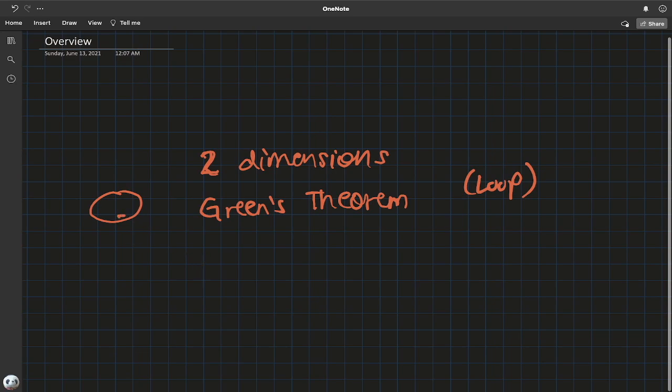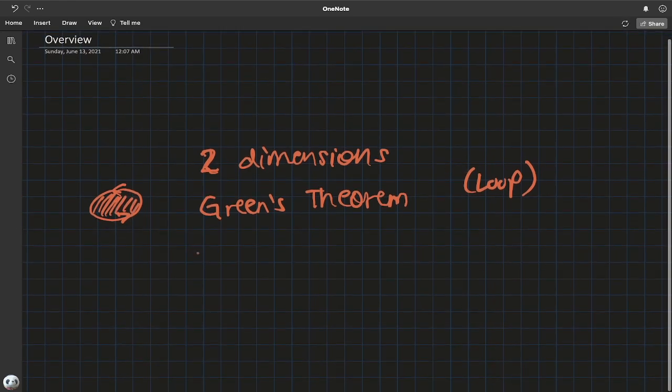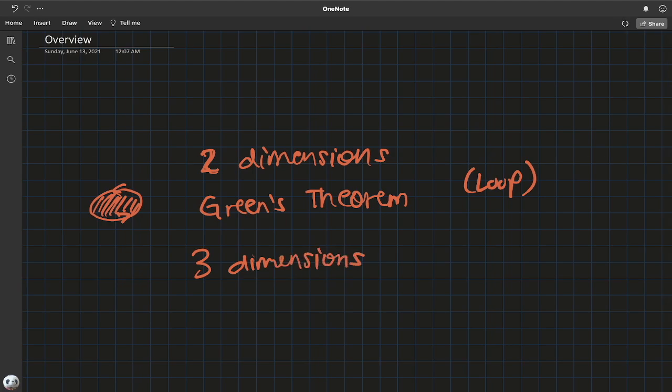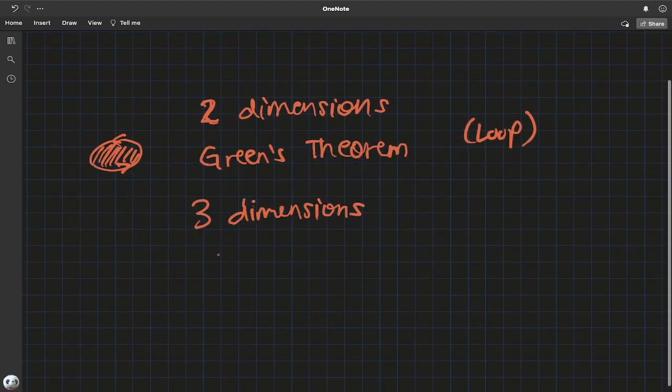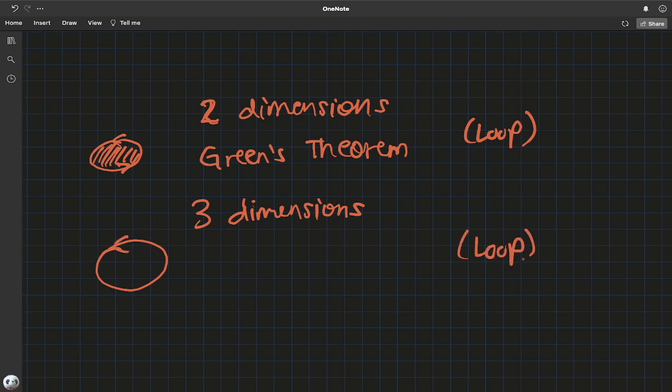So it was for a closed loop. For 3 dimensions, we could have a closed loop in 3 dimensions as well, and we would call it Stokes theorem, and this I proved in the last video.